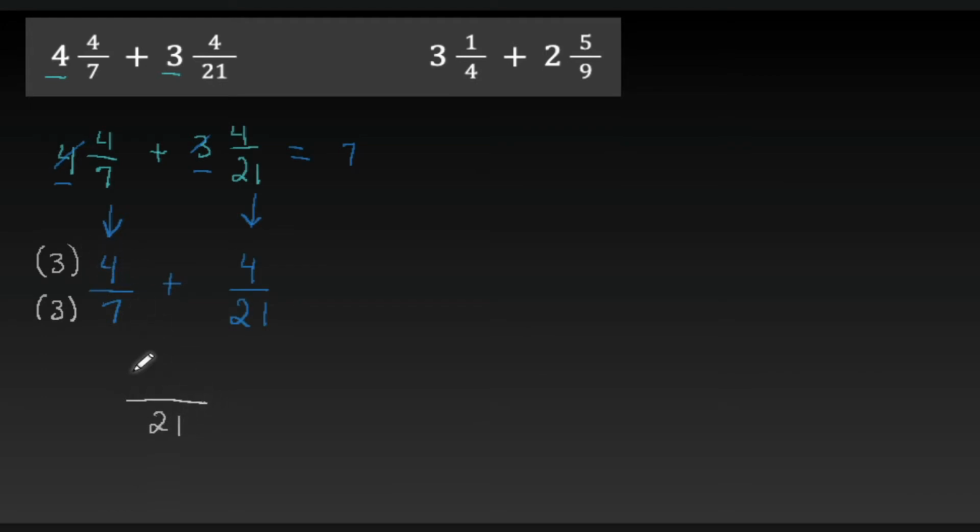Okay, so let's bring that down. 3 times 4 is 12, and then we have plus 4. Okay, and 12 plus 4 is 16, so that's 16 over 21. So we're still not finished. We still have this whole number of 7. So we have to attach this fraction to the whole number of 7.